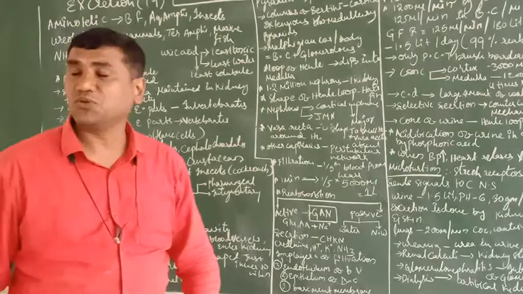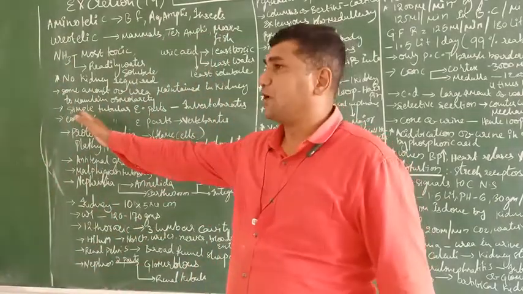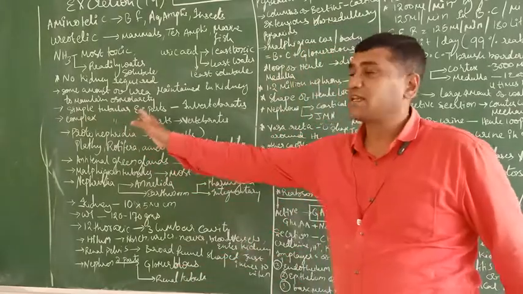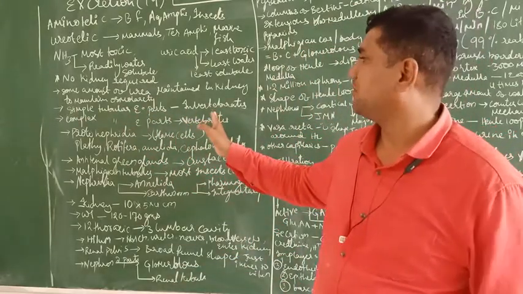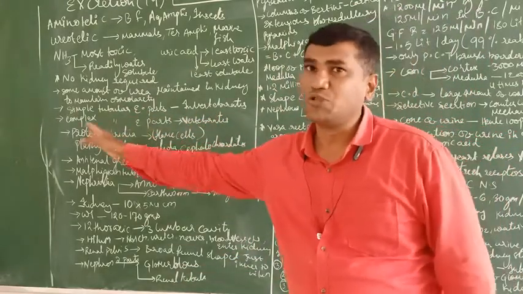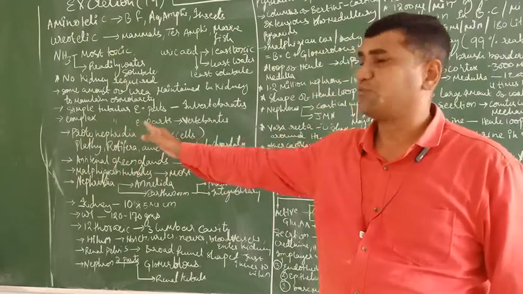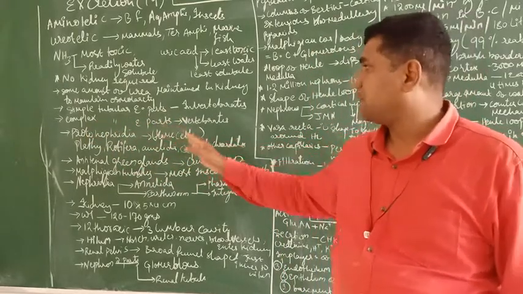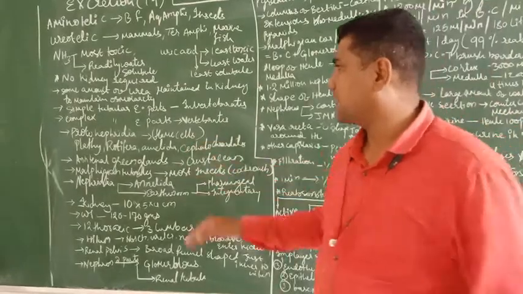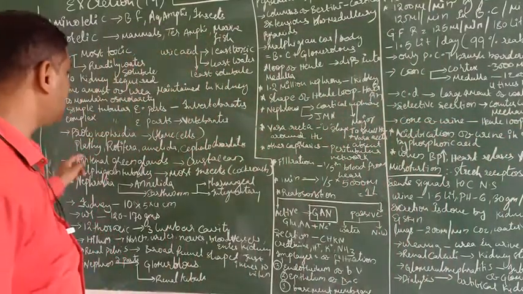In most of the invertebrates, simple tubular excretory parts are present, and in the other animals, that is the vertebrates, complex tubular excretory parts are present in most cases.